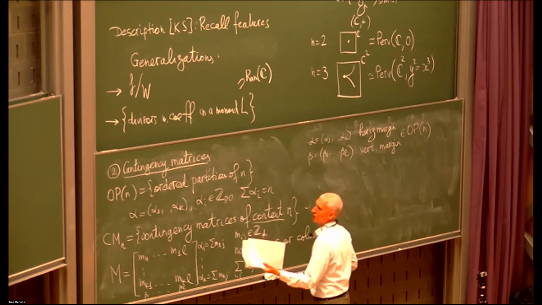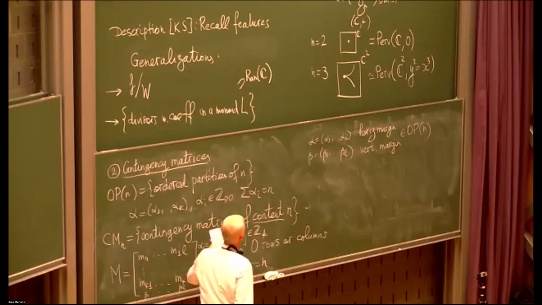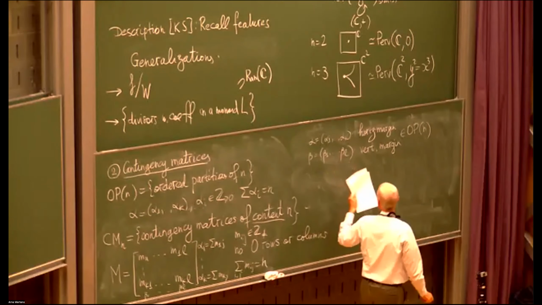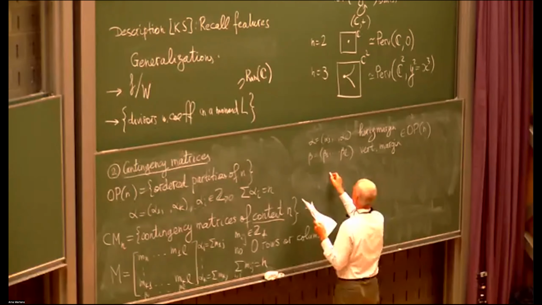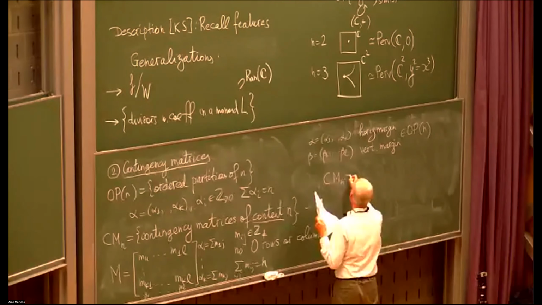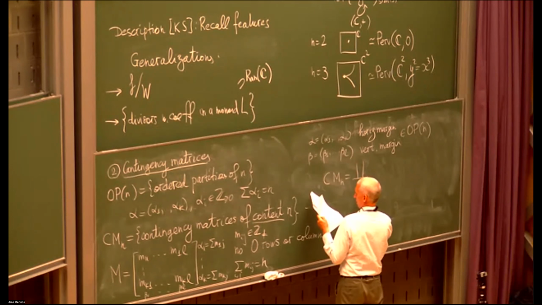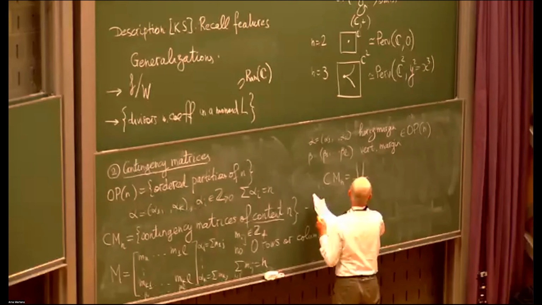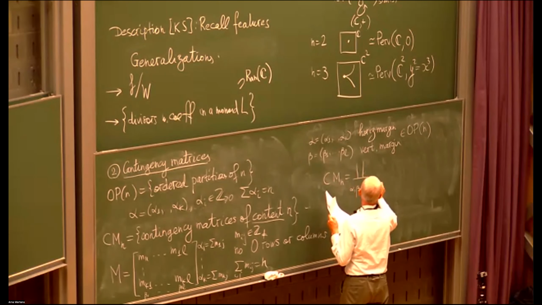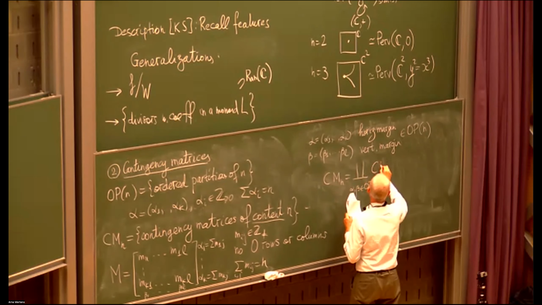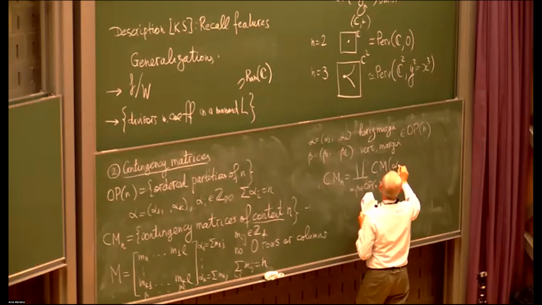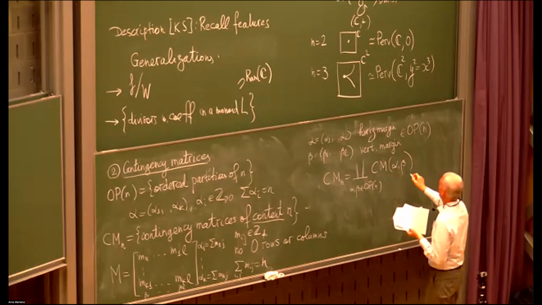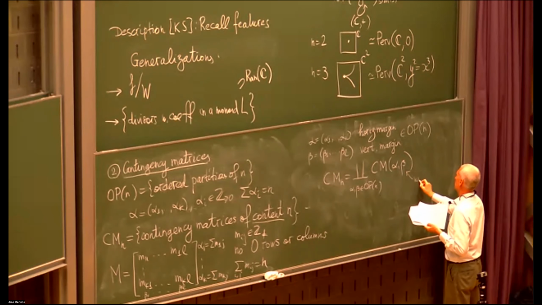Then this set of matrices is decomposed by the data of horizontal and vertical margins. C_{MN} is simply a disjoint union over alpha and beta in ordered partitions. Let me call it C_M of alpha beta, meaning with these margins.